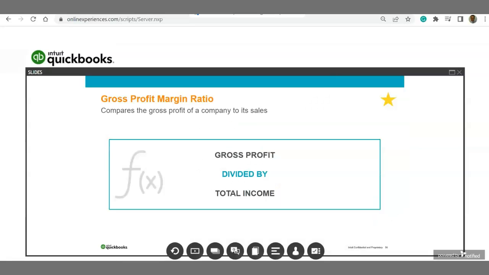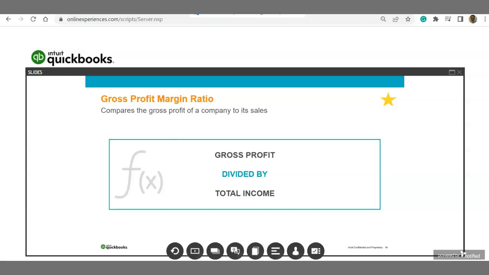Remember that a P&L report, which we looked at at the beginning, shows income minus cost of goods sold equals gross profit. So gross profit is a monetary value, right? If you made $10 minus $5 of cost of goods sold, you have a gross profit of $5. $5 is a monetary value.